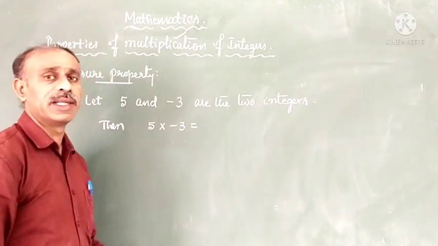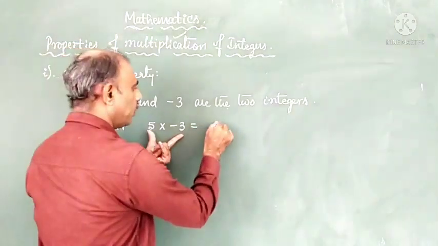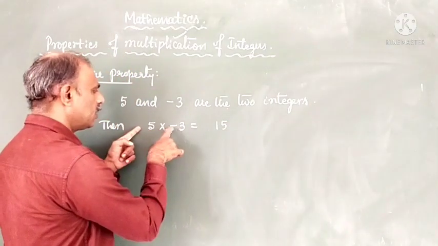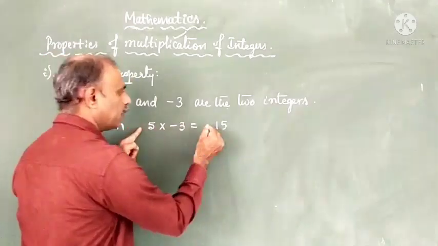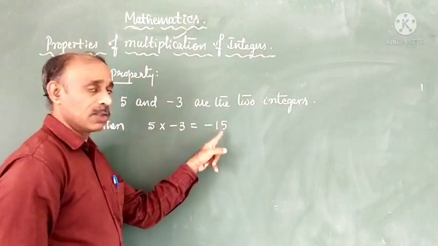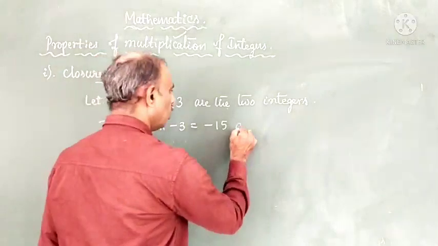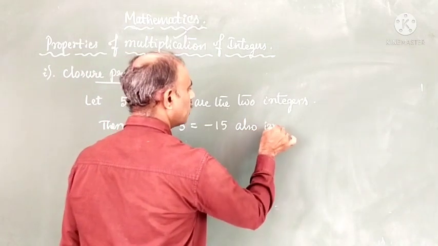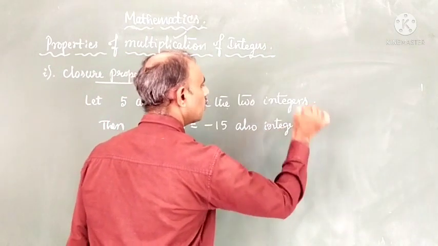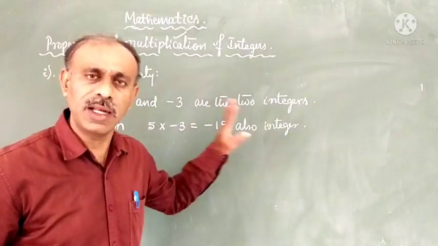What is 5 into minus 3? 5 3s are 15. So plus into minus, minus. Minus 15. So minus 15 is also an integer.